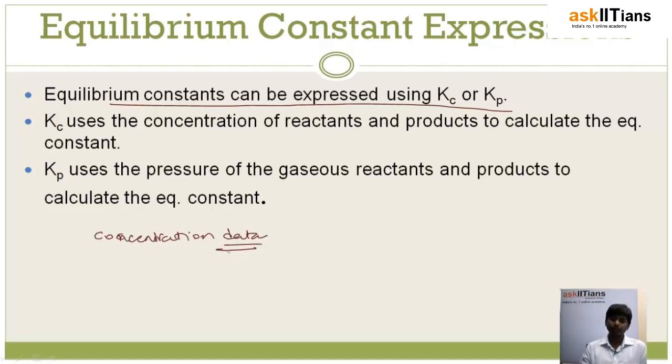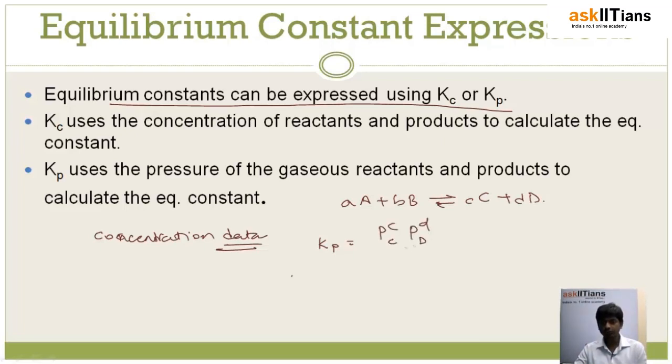You can do that by using Kp, and Kp is nothing but, for a general reaction aA plus bB reversing to cC plus dD, your Kp will be the partial pressure of C raised to the power c, partial pressure of D raised to the power d, divided by the partial pressure of A raised to the power a, partial pressure of B raised to the power b.